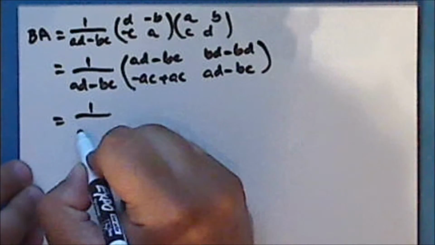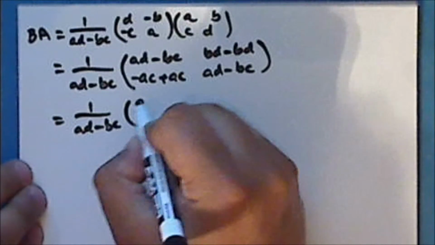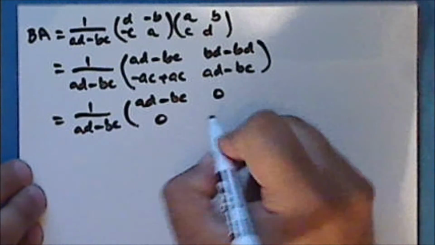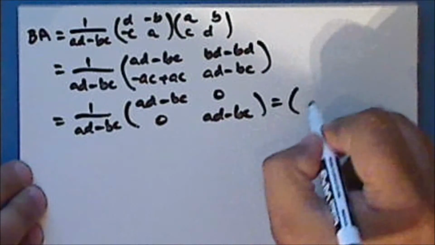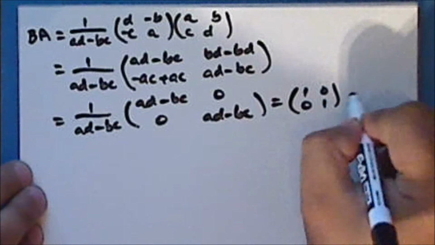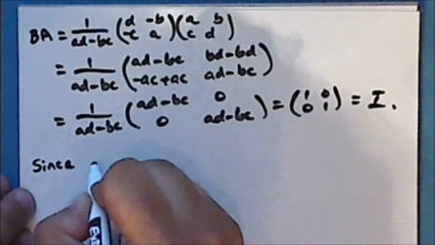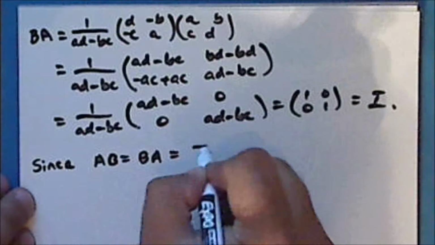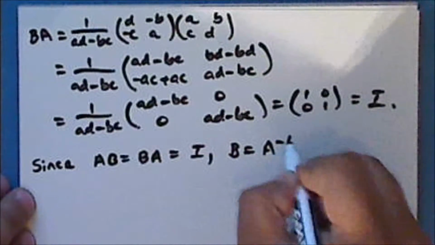So this is 1 over a times d minus b times c, times the matrix with columns a times d minus b times c, 0, and 0, a times d minus b times c. And this is the 2 by 2 identity matrix. So since A times B is the same as B times A, which is the identity, the matrix B is the inverse of the matrix A.